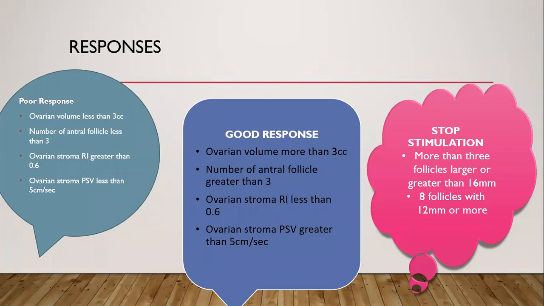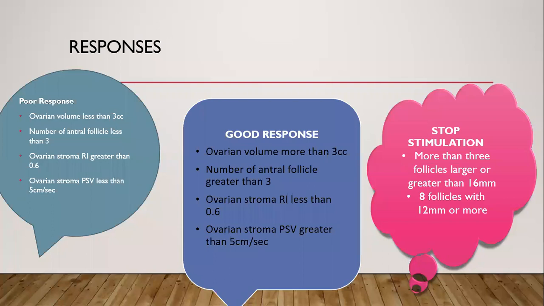Then we also look at ovarian stroma resistive index. It must be greater than 0.6. Then the ovarian stroma peak systolic velocity should be less than 5 centimeters per second. That is poor. Under good responses, the ovarian volume must be greater than 3 cc.